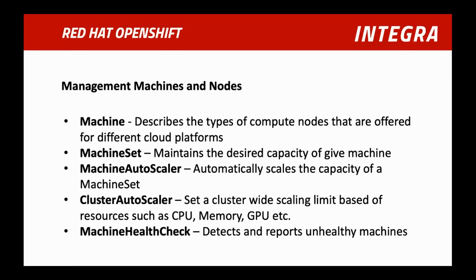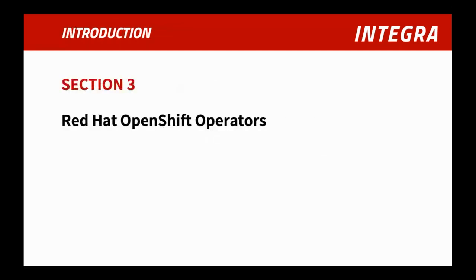Finally, we also have machine health checks. A machine health check resource detects when a machine is unhealthy and deletes it when a machine becomes unhealthy. Machine health checks are supported on certain platforms. Not all platforms are supported with machine health checks.